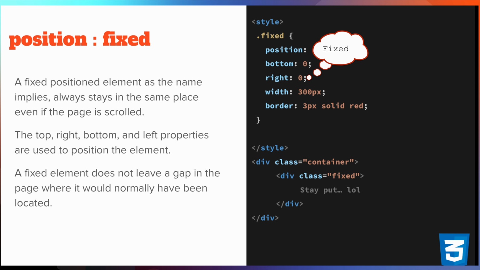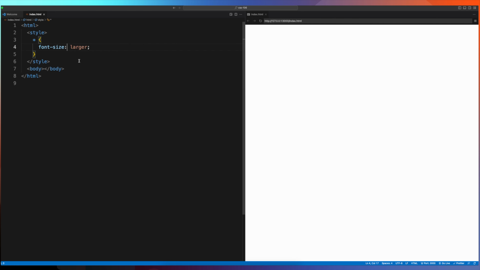So without further ado, let's go into the code and see what we have. Okay, so I've prepped this for us with a larger font size. Let's say we have a page, and we have a div that is supposed to hold the content which we want to fix on the screen. I want to say this is a warning.